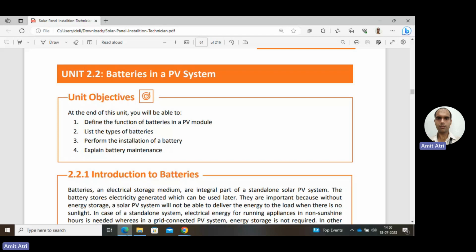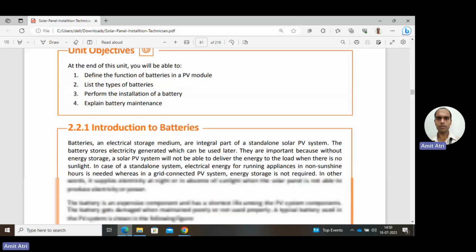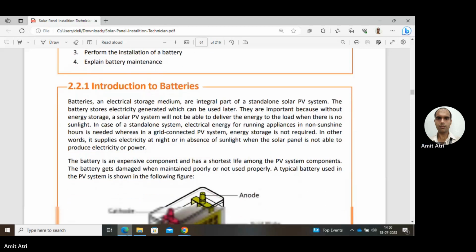The solar PV system is generating the electricity, and in that duration it is storing the energy. It is charged. After that, in the absence of solar energy, this battery will supply the load. So this makes the supply to the load continuous.